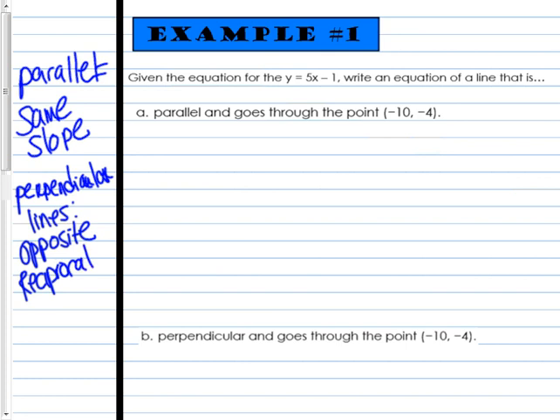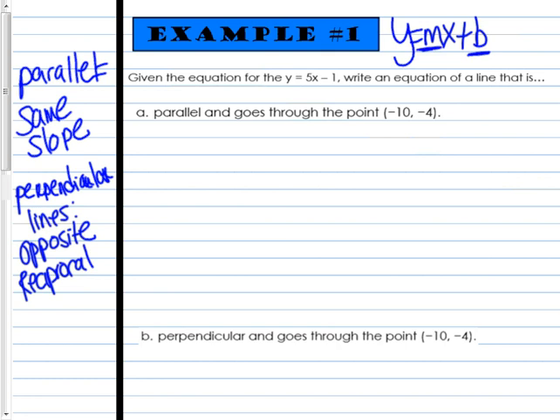Okay? So, given the equation y equals 5x minus 1, write an equation that is parallel and goes through the point (-10, -4). We like to write our lines in y equals mx plus b form. So, in order to write the equation of the line, we need the m, the slope, and we need the b, which is the y-intercept.